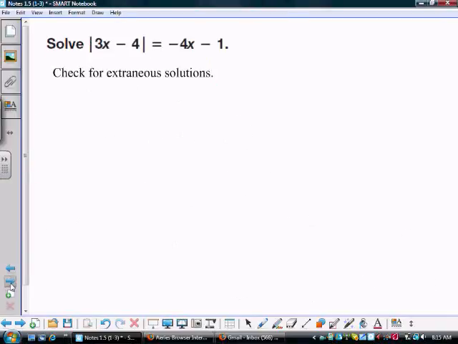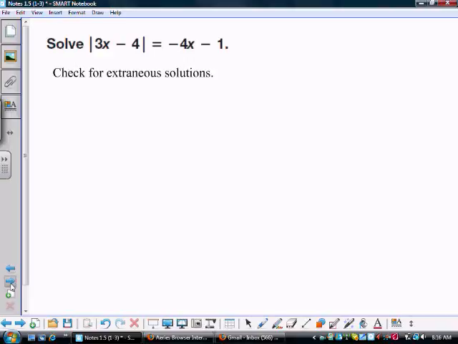Alright, so now I have one that says I have to check for extraneous solutions. And you'll know you need to check for extraneous solutions, and I'll show you. Extraneous solutions means that algebraically you're going to get two answers for this, but one or both of them might not work if you put the numbers back in and check and see if they work out in the original problem.